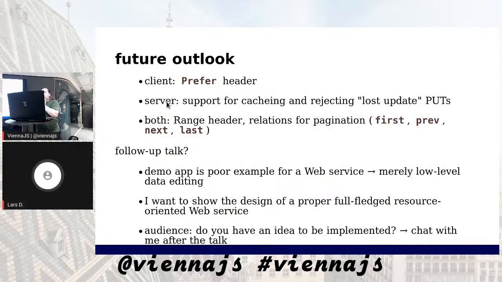Yeah, what else can I do? Range header. You probably know it for large HTTP downloads, where you can resume in the middle, and it says bytes and so on. And you can also make up your own units, not only bytes.